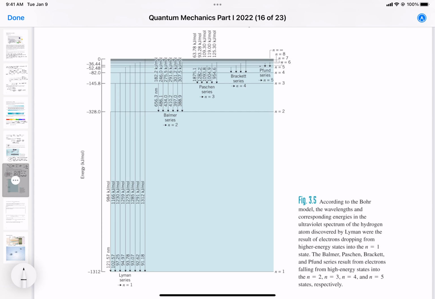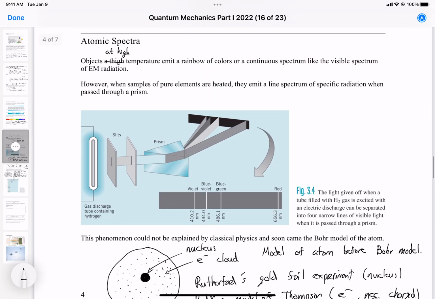See how they're specific gaps. So in this case, we say the energy levels are quantized, or they have specific values, so that unless you have the right amount of energy, you can't bridge the gap and you can't go to the next energy level. So that's how we think about this in terms of the line spectra here.